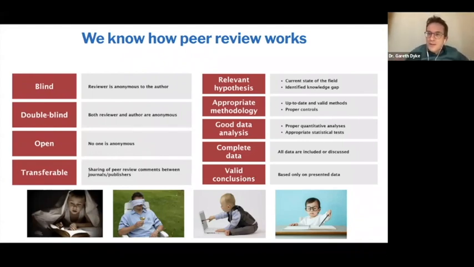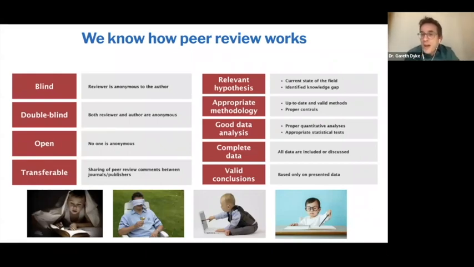If you send a paper to Nature and it gets rejected, but you feel the comments are valuable, you can have those comments transferred to another journal, Nature Communications or Nature Genetics, for example, and the editors at that second journal will use the peer review comments from the first set of reviews. So there's blind, double blind, completely open, completely transparent. Preprint servers, for example, are a good case in point for the use of transparent peer review, and transferable.